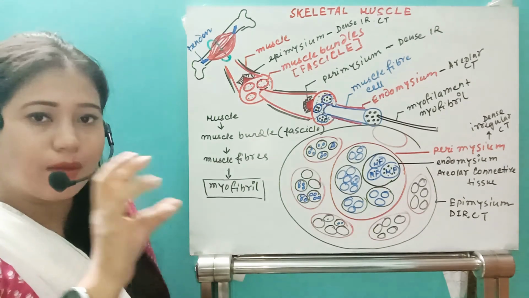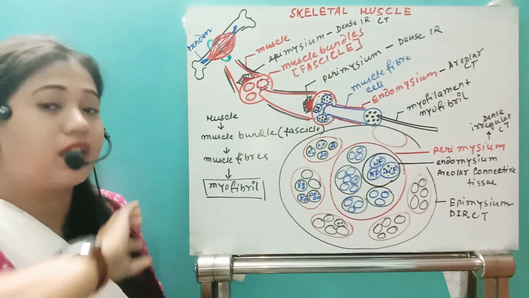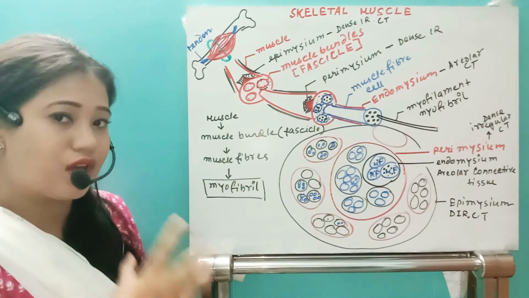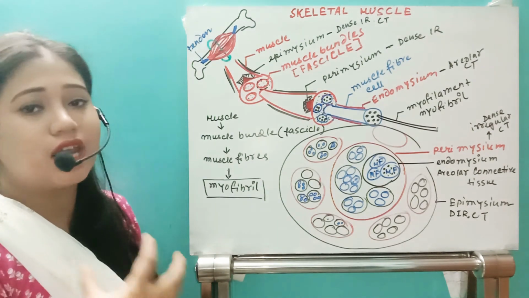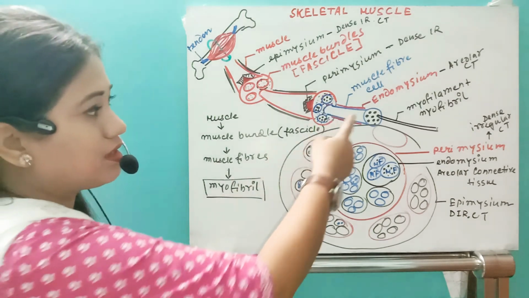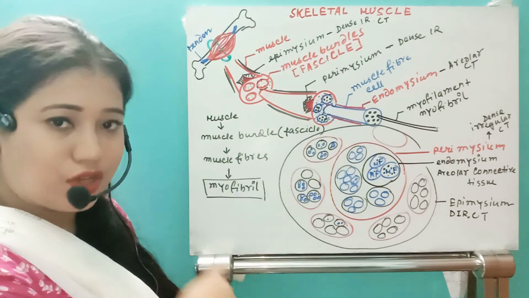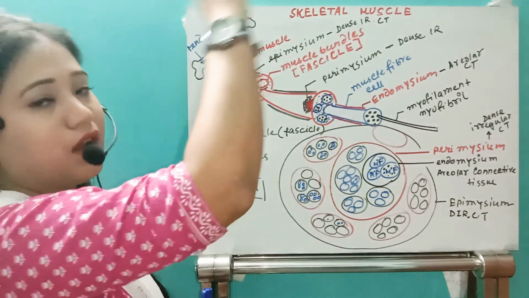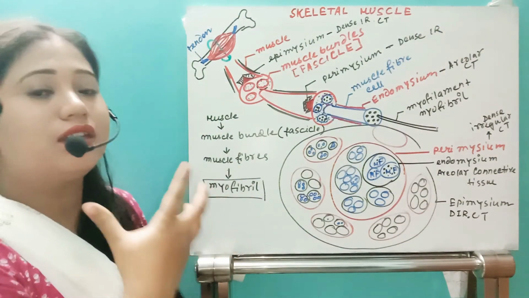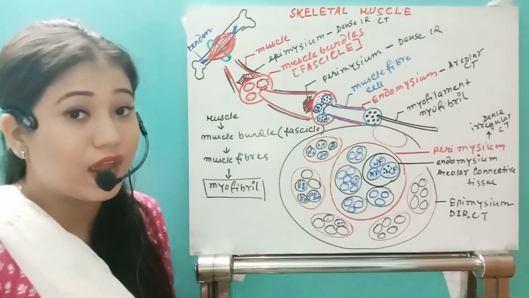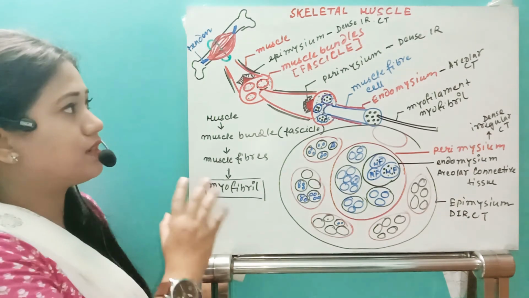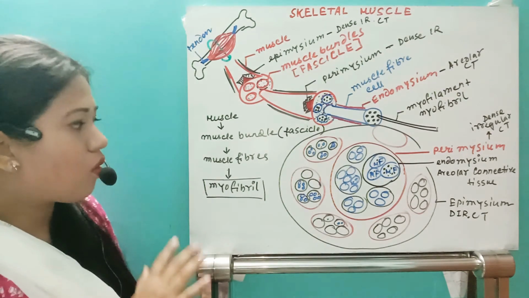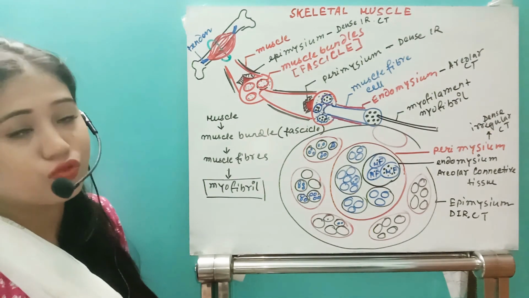Then a number of endomysium-covered fibers are covered by another membrane, which is a little more fibrous. That will be the perimysium, a dense irregular connective tissue. The perimysium bundles are covered by another lining, also dense irregular connective tissue. That will be epimysium, right? So that is all you need to know.